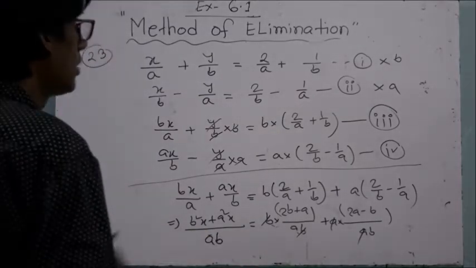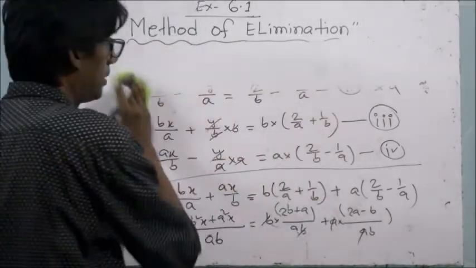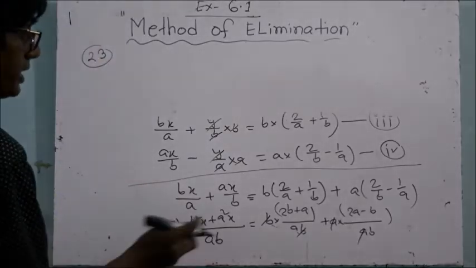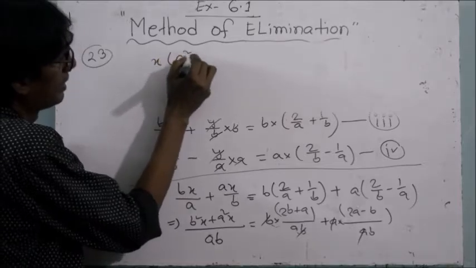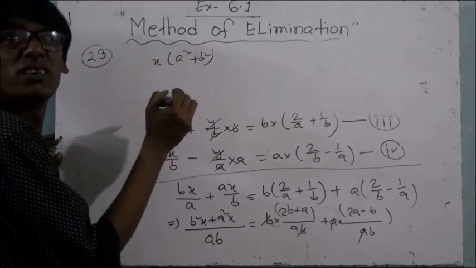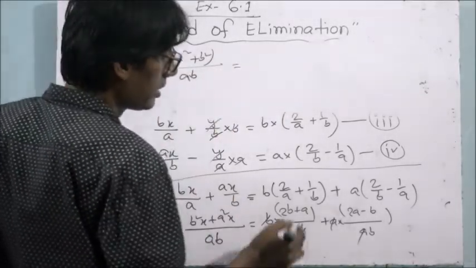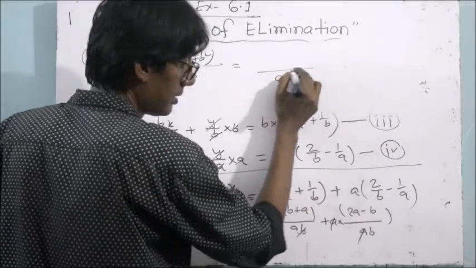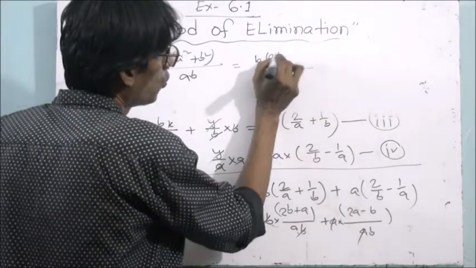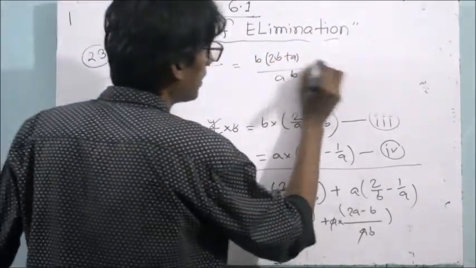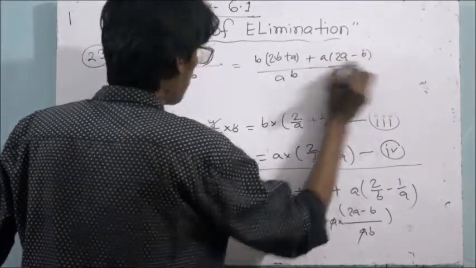Okay, now I will go to the next line. From here we get x common, so if we take x as common, then (a square plus b square) divided by ab, and also here if I make the LCM ab, then I will get b into (2b plus a) plus a into (2a minus b).